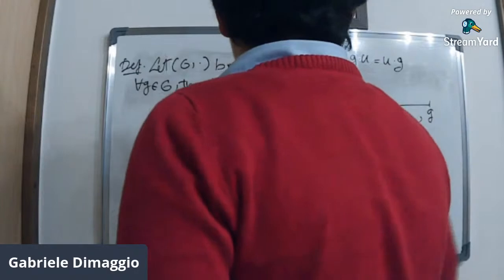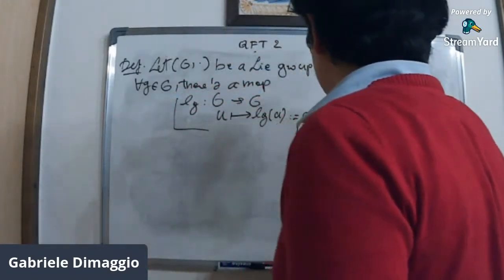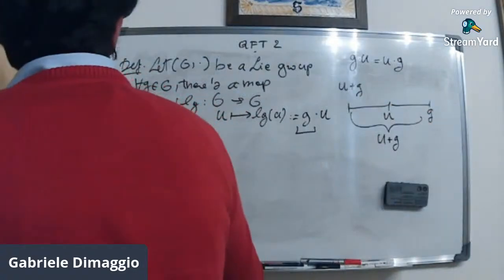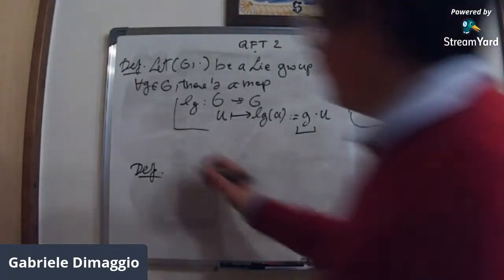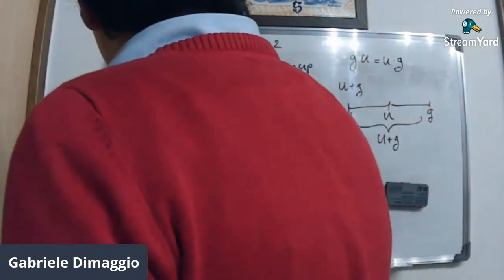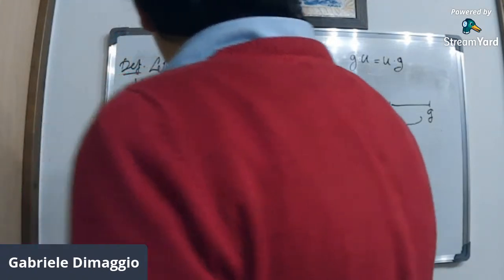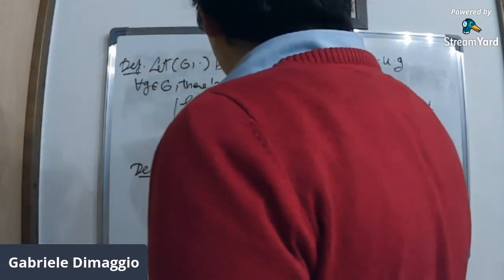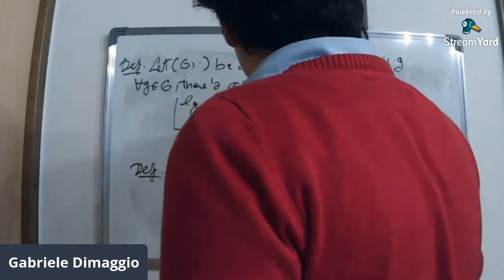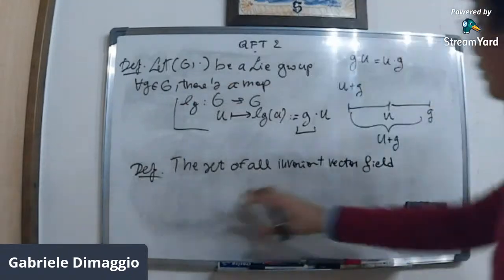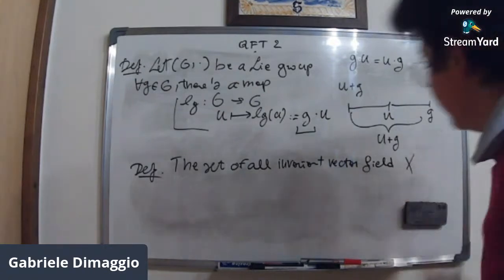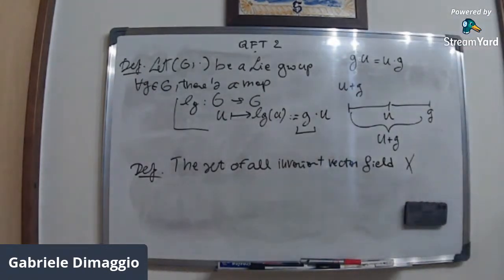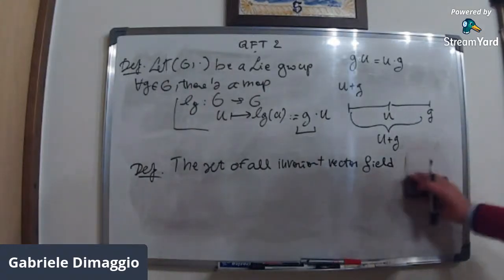Definition. We defined the left invariant vector field, and now another definition: the set of all left invariant vector fields x is called, of course, on a Lie group.